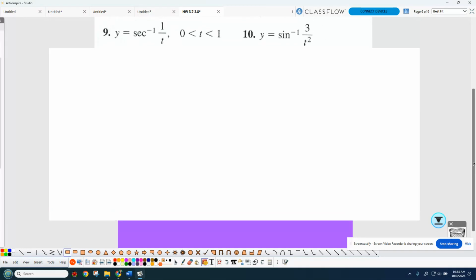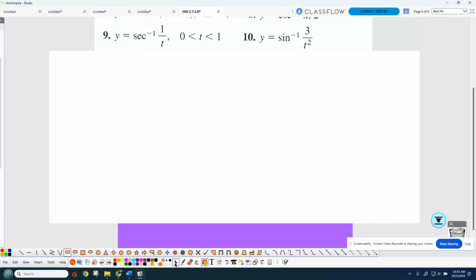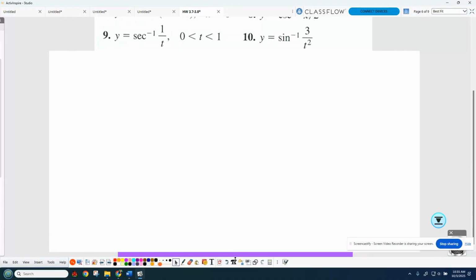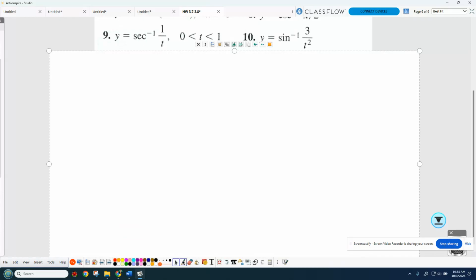Constantine, can you do the first step for us on the board? What do you mean by the first step? Well, there's probably some cleanup needed, but apply the pattern of secant inverse.